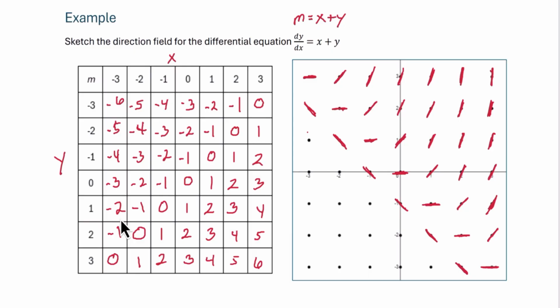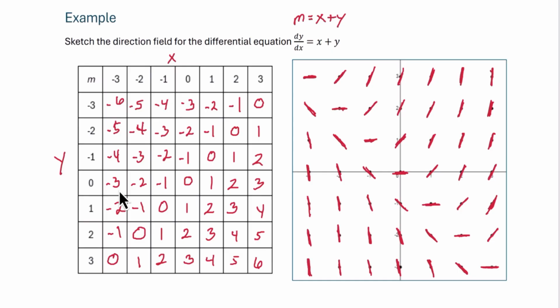So again, negative slope, just a little bit steeper. And that continues along the diagonal. -3, 0 has a slope of -3. So again, getting a little steeper along this diagonal. Then -4, -5, and -6.